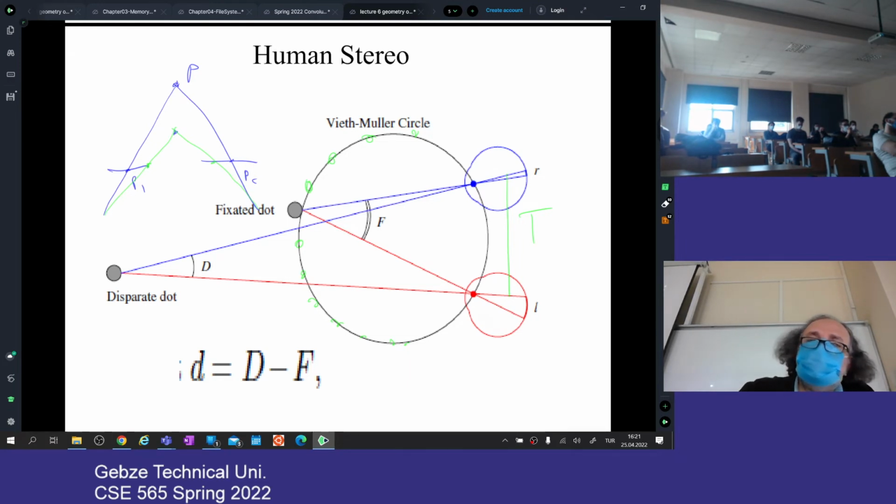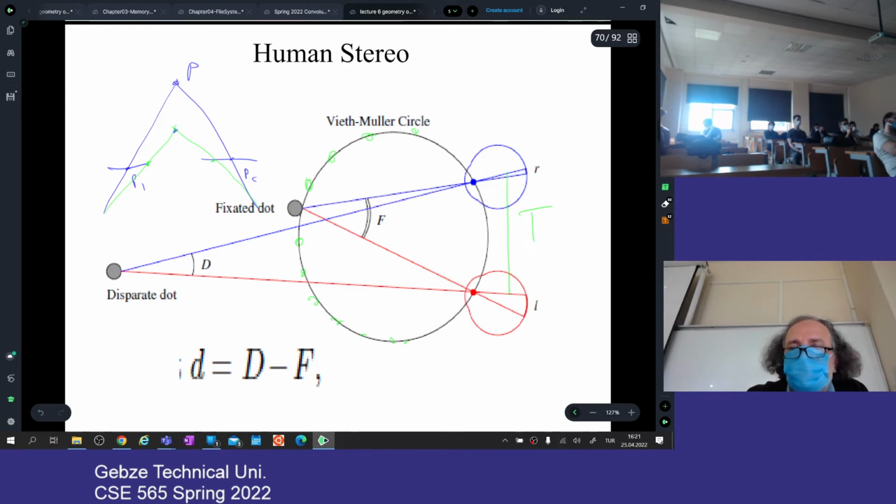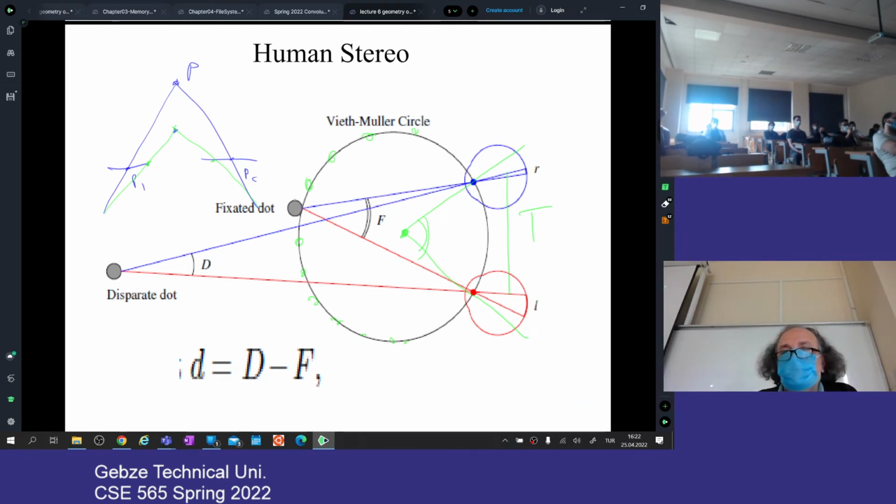While you are looking at anything on the circle, any point outside the circle, there will be an angle D. Okay, this angle will be, of course, smaller than this F. If you are looking at any point inside the circle, it will be like this, and of course this angle will be larger than F, right? So what I am saying is that your disparity doesn't come from the difference between the position of the images on your left and right eye.